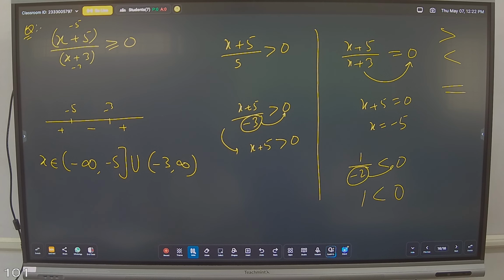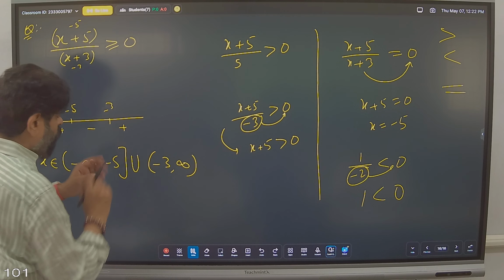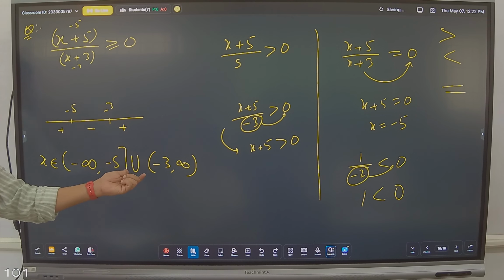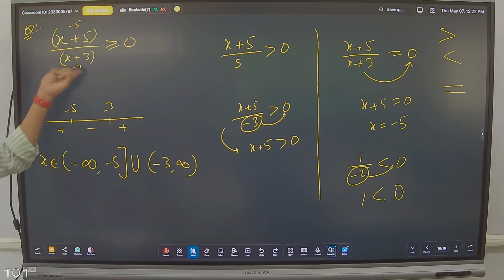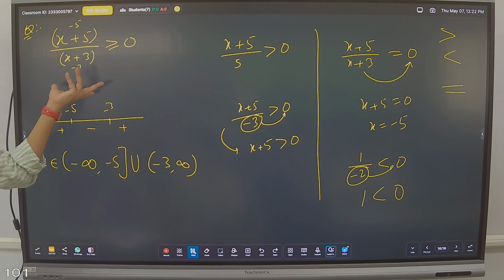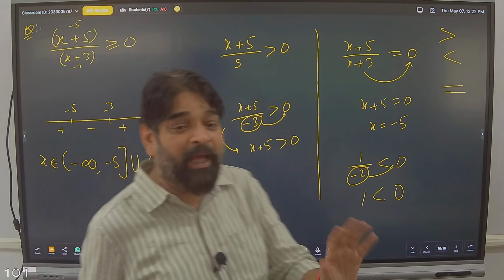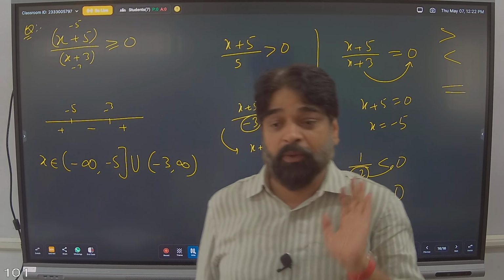Did you understand? You may ask, sir, why not close? If you close, you mean to say x can be equal to minus 3. But if you put x equal to minus 3, what will happen? It will blow up. I told you on day 1 that mathematics never allows the denominator to be 0.